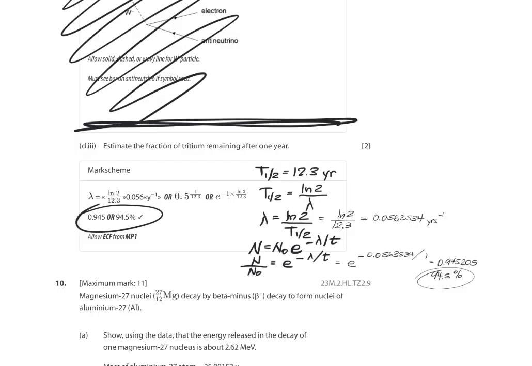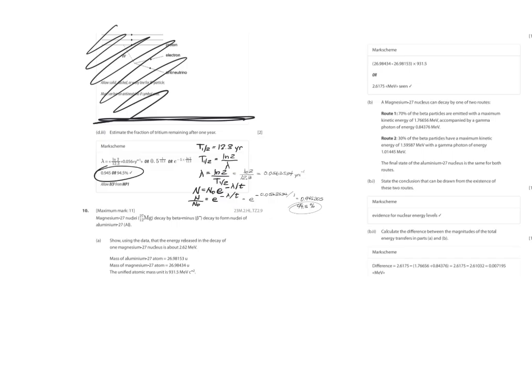There you go. We're at 13 minutes now. I think we can squeeze in one more problem into the solution set. So for 10A, we got magnesium becoming aluminum, and it emits a beta minus particle. They give us the masses of aluminum and magnesium in universal mass units, and then they give us the universal atomic mass unit in megaelectron volts.